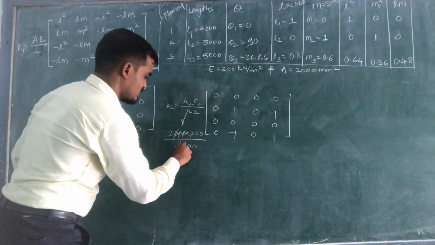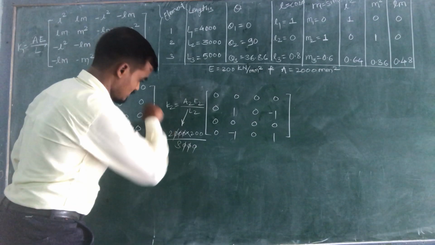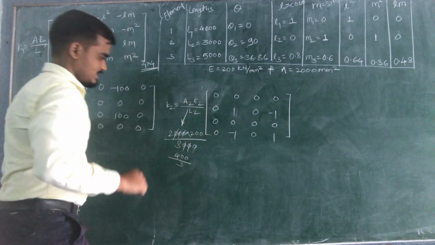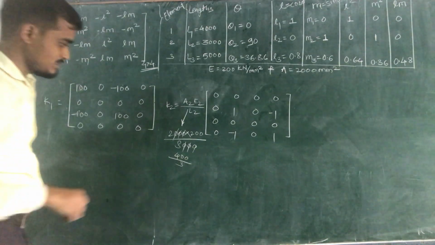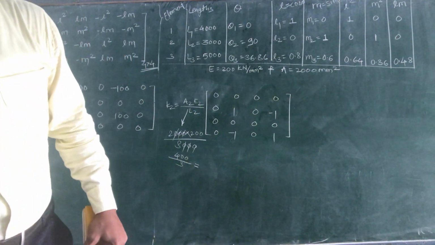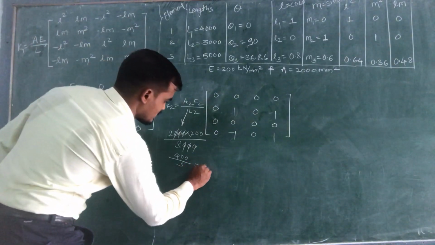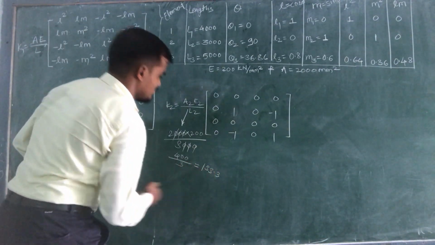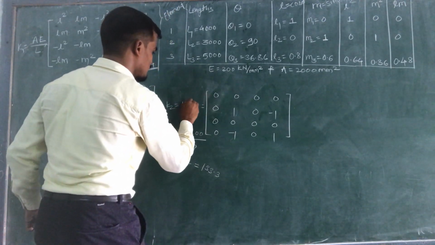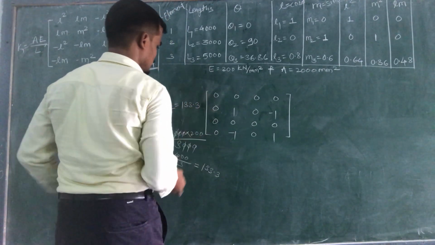If we solve this, you will get 400 by 3, 200 into 2, 400 by 3, which is equal to 133.3.